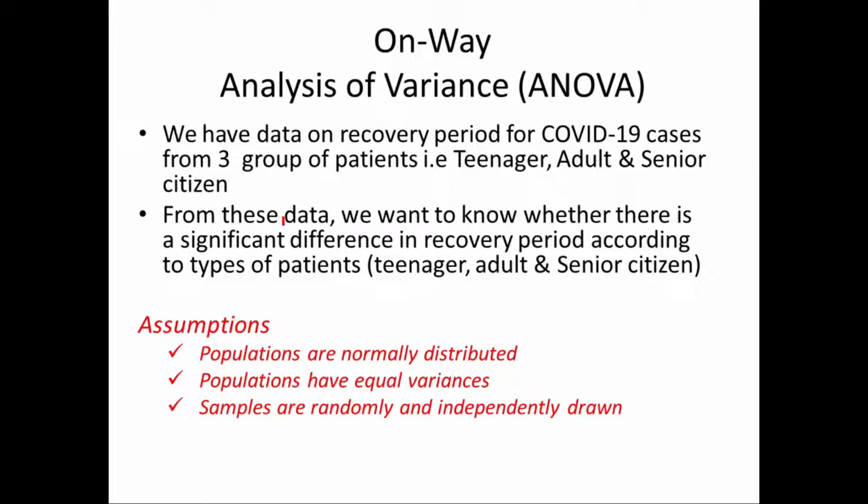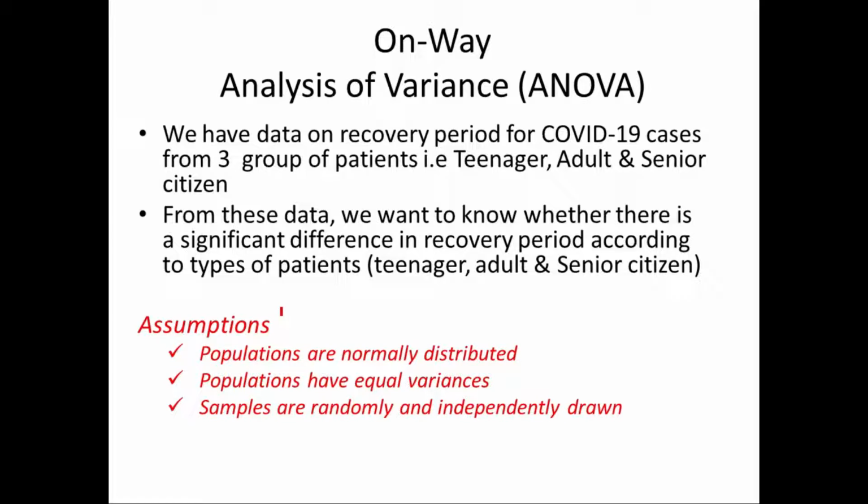And from this data, we want to know whether there is a significant difference in recovery period according to type of patient, which is referring to group of adult, group of teenager, and also group of senior citizen.